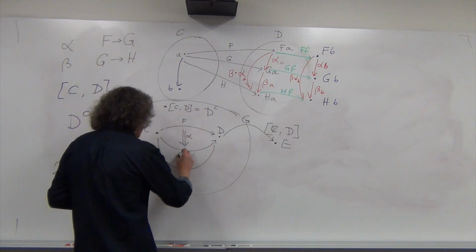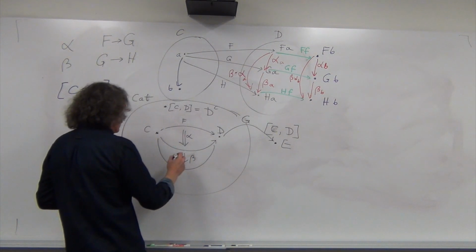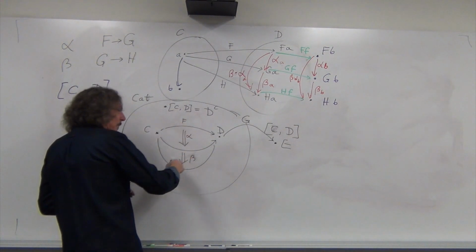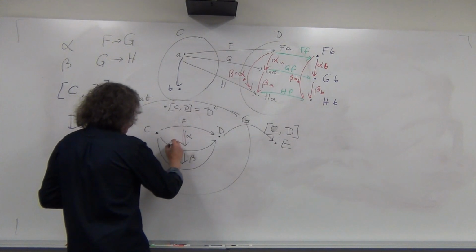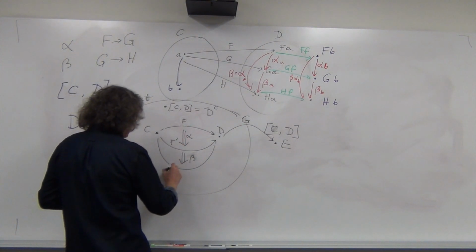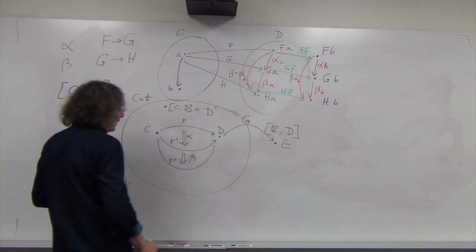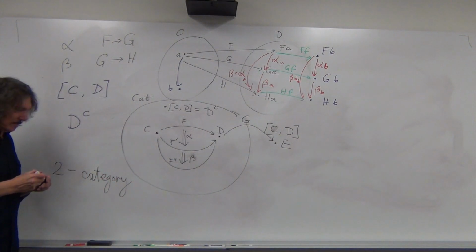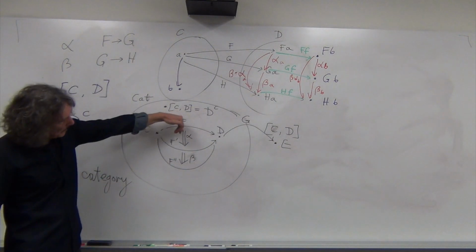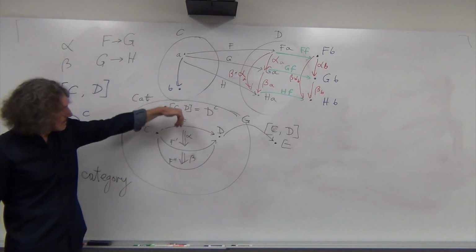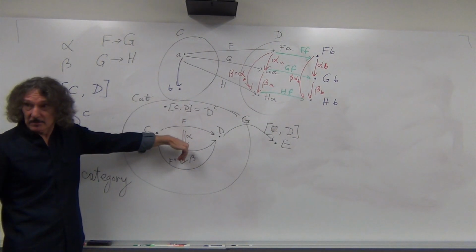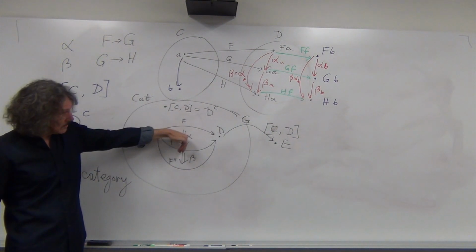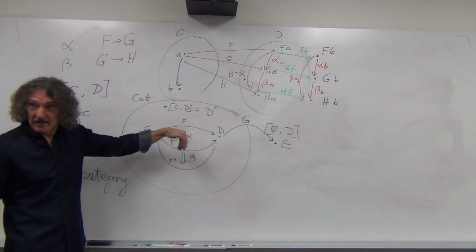So this is alpha, and this is beta, right? You can compose alpha with beta. So this is F, F prime, F double prime, okay? This is why the composition that I talked about is called a vertical composition, because in this picture it goes vertically, okay?